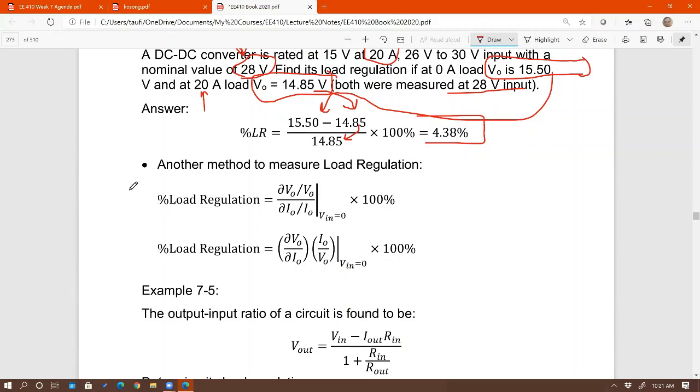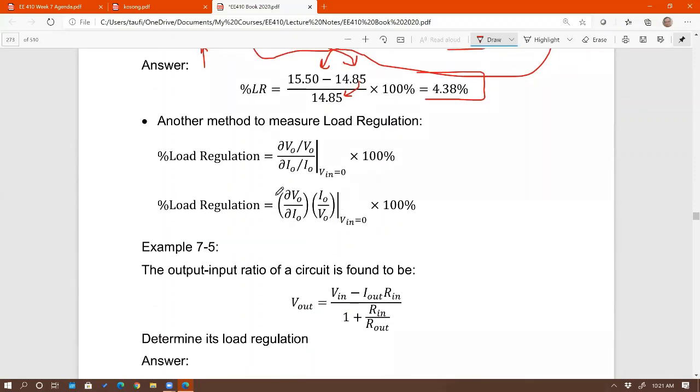What if you're still designing it and you want to predict load regulation? This is the equation for percent load regulation: the partial derivative of V out with respect to I out, times I out over V out, calculated at V in equals 0. That's the mathematical definition of load regulation.